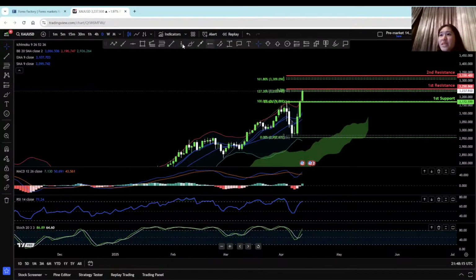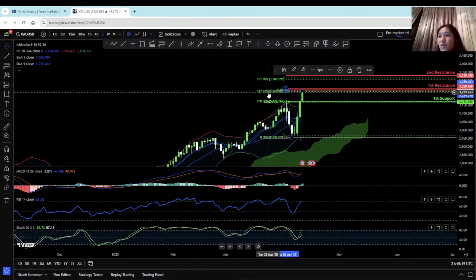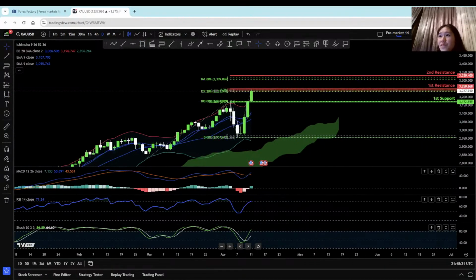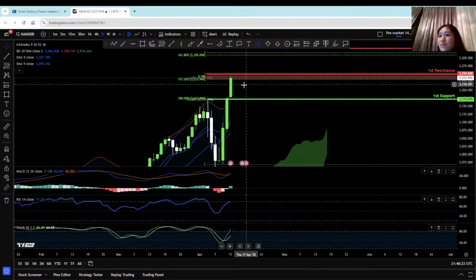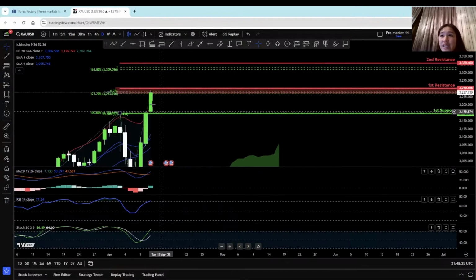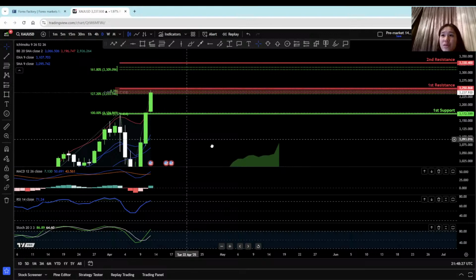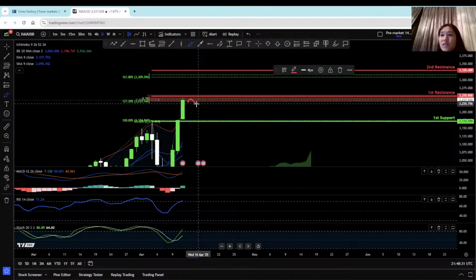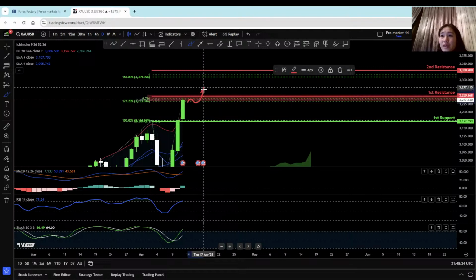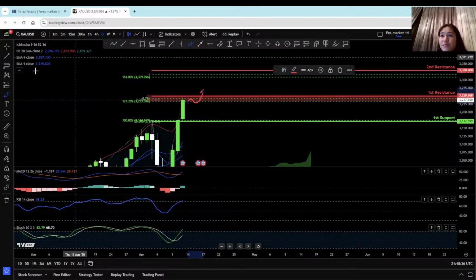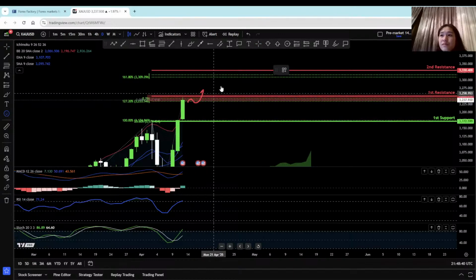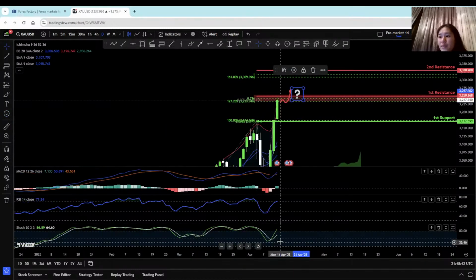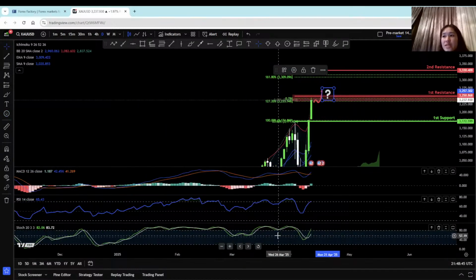So you might see a bit of reversal here, especially since this is a confluence area. We've identified that 78 and also that 127. So again, we might see a bit of reversal before it pushes back up. Same thing for our stochastic as well.